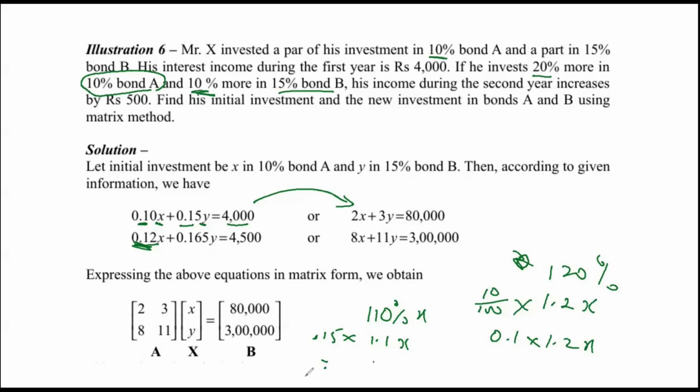Let me just check fast. 0.15 multiplied by 1.1. Yeah, 0.165. So you get this here, right? And remember, you get $500 more than this 4,000, right? So you get 4,500 as your return.